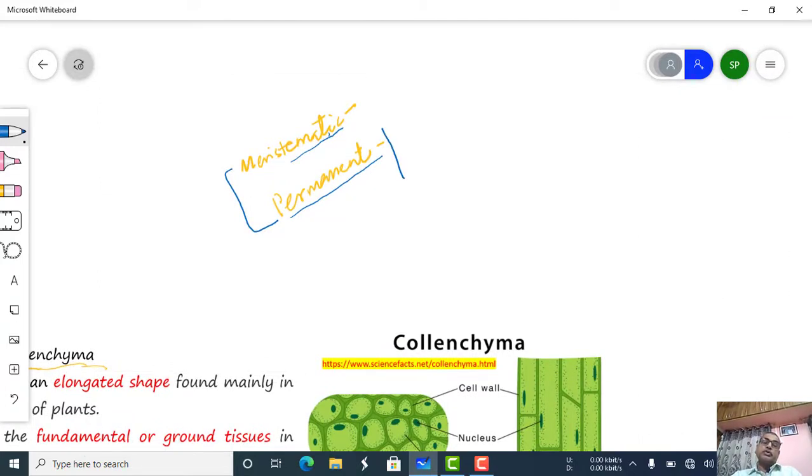This permanent tissue is again differentiated into simple permanent tissue and complex permanent tissue. When the tissue is made up of only a single component or one type of cell, it is called a simple tissue, while a tissue composed of more than one type of cell is called a complex tissue.